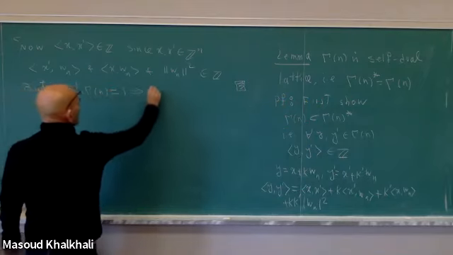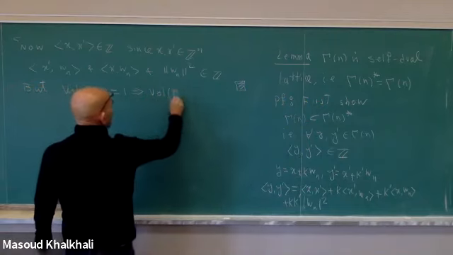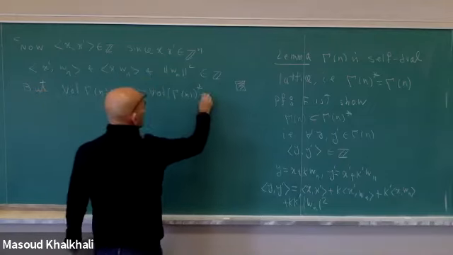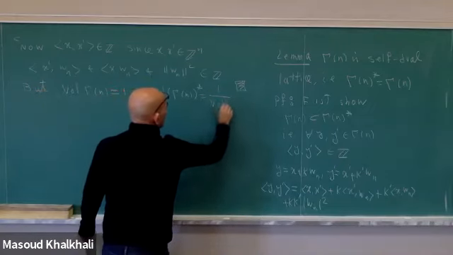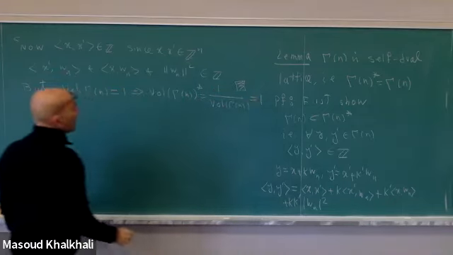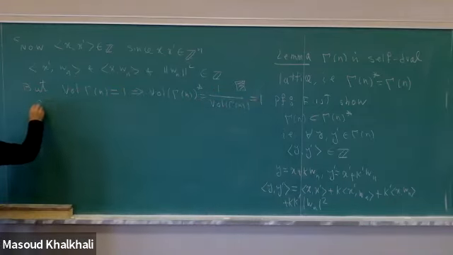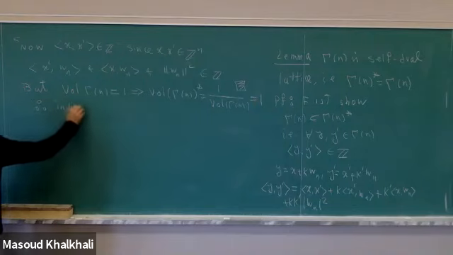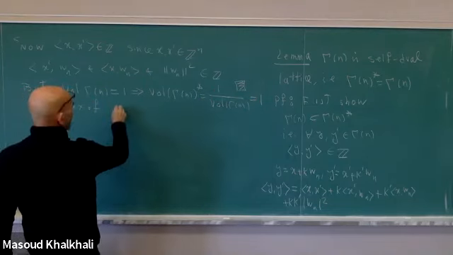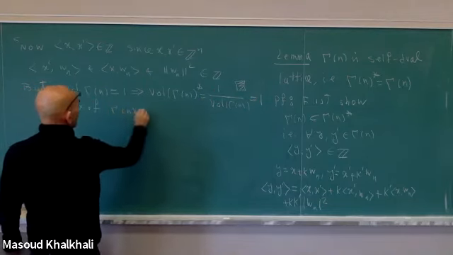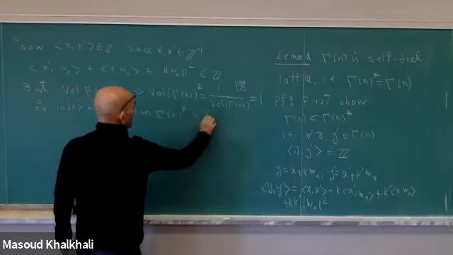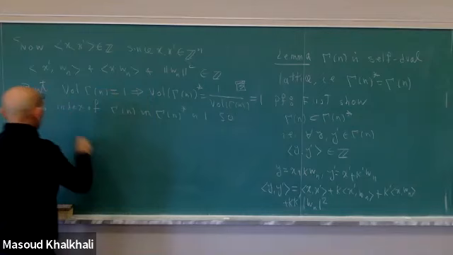So this implies that the volume of gamma n star, which is the inverse volume, is 1. So the index of gamma n in gamma n star is 1. So they are the same.